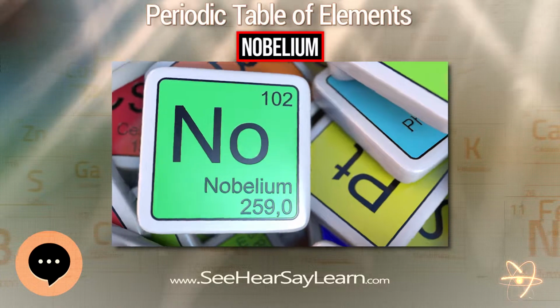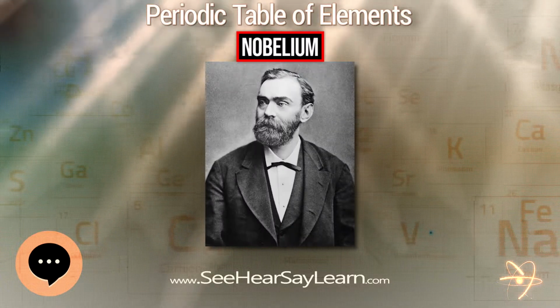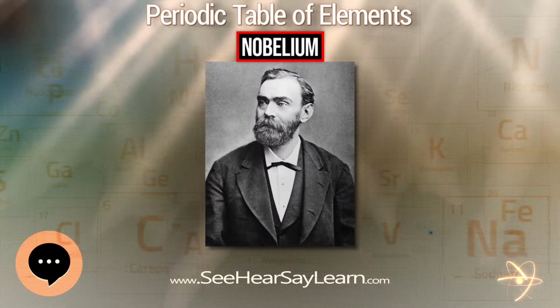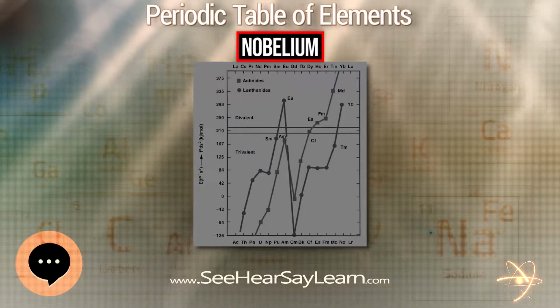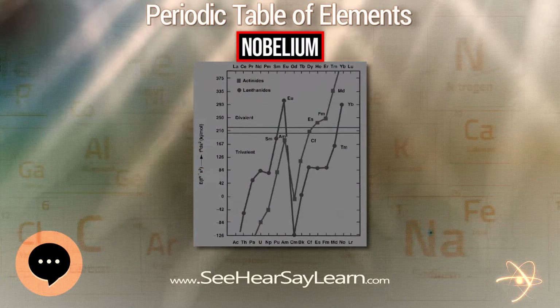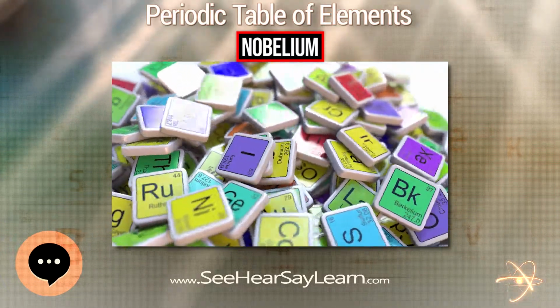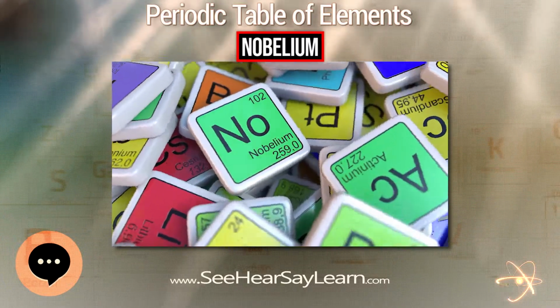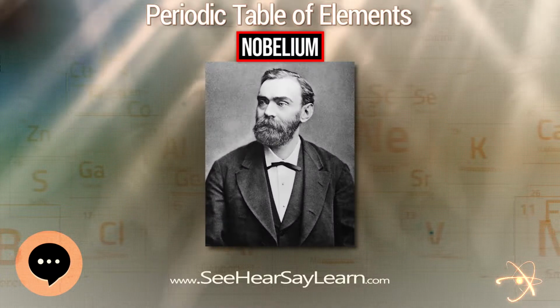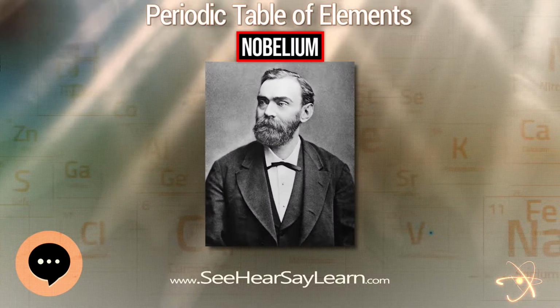They assigned this to 255,102 without giving a reason for the assignment. The values do not agree with those now known for 255No, although they do agree with those now known for 257No, and while this isotope probably played a part in this experiment, its discovery was inconclusive.